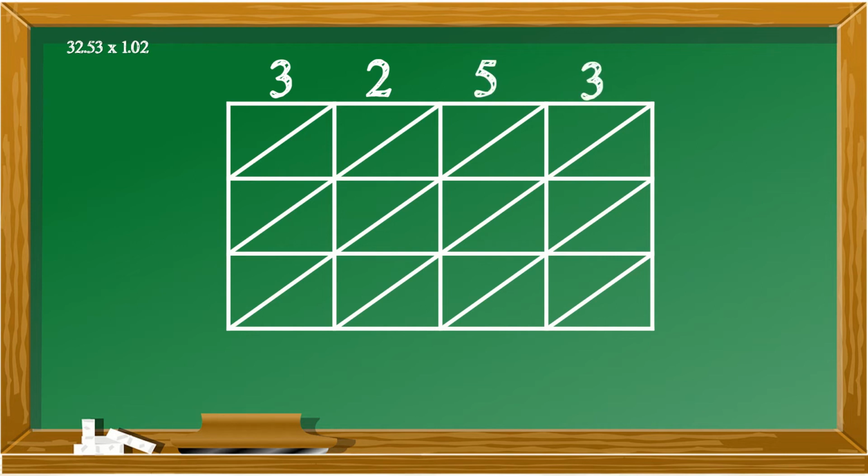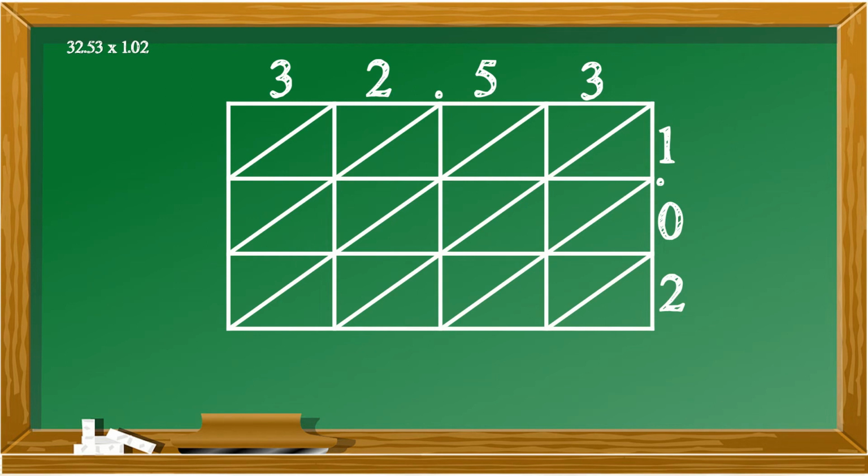So we have 3, 2, 5, 3, and the decimal point in between 2 and 5. Align the decimal point in the vertical line, just like that. So we have 32 and 53 hundredths, and then the multiplier 1, 0, 2, and put the decimal point aligned in the vertical and the horizontal line, just like that. And then we will start multiplying.